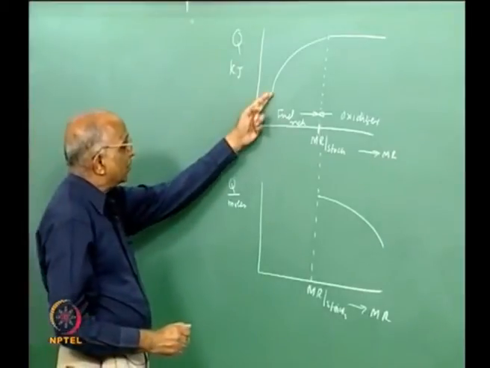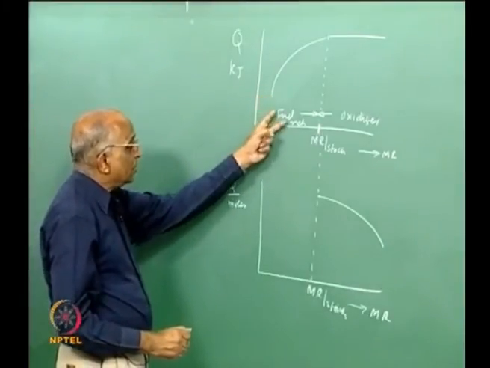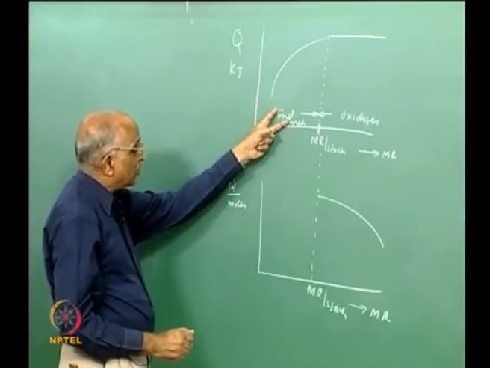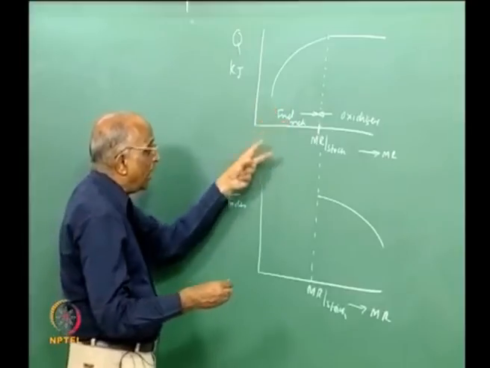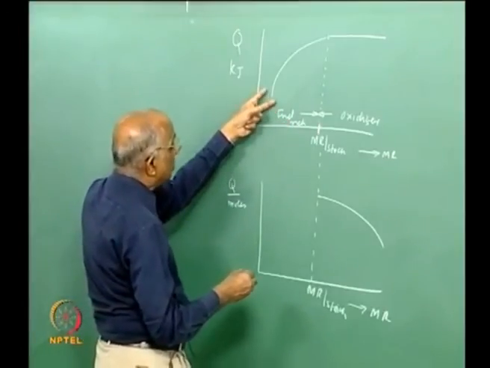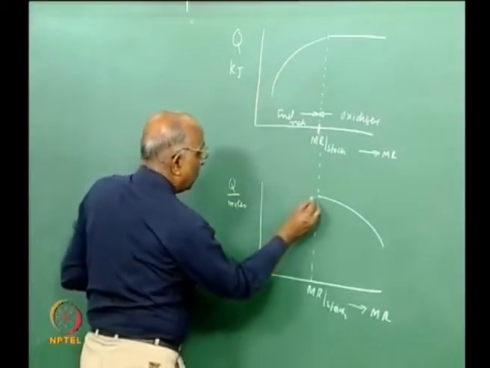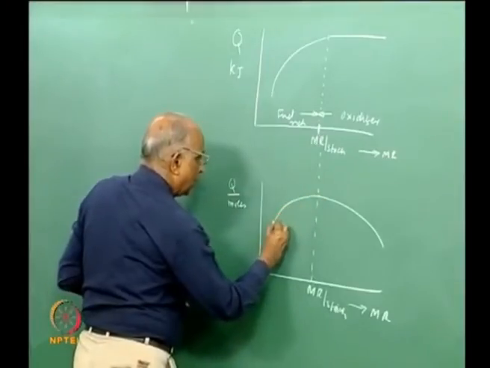How about in this case? Since it is fuel rich, I am not able to form that many moles now, and therefore the number of moles decreases, and therefore this curve would become a little shallower here.